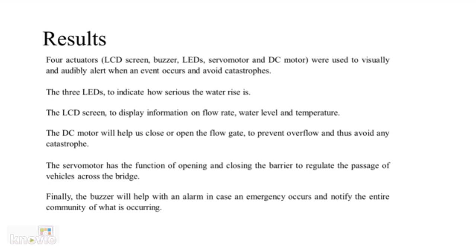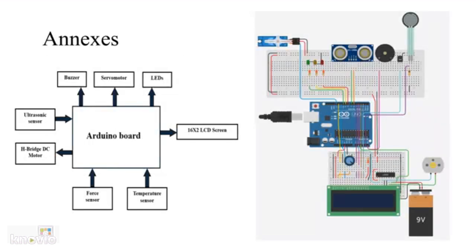On this slide, we have first a drawing of the Arduino board. We can see all the signals that go in and all the signals that go out from the board. For example, out we have the buzzer, the servo motor, and LED, also the LCD screen, and the DC motor.